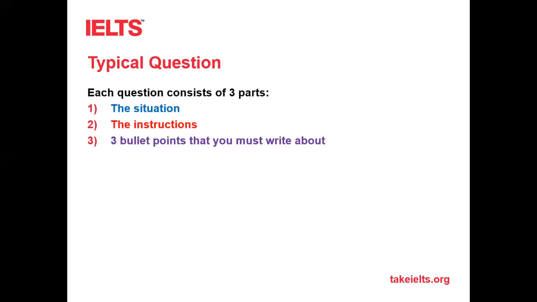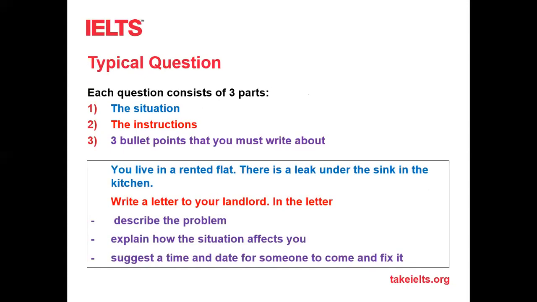A typical question in General Training Writing Task 1 usually consists of 3 parts: the situation, the instructions, and there are 3 bullet points that you must write about. Here's an example. In the blue at the top, you can see the situation.